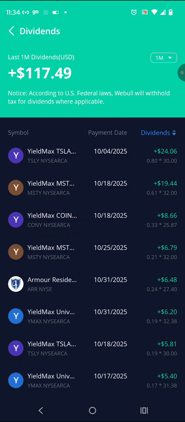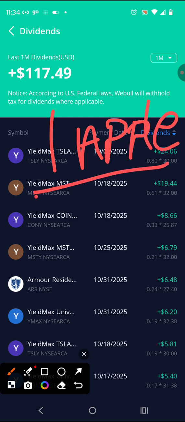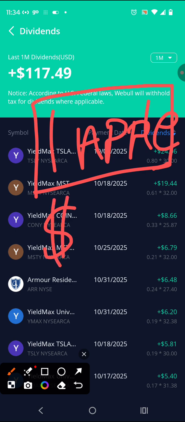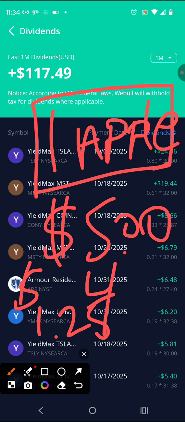So, for example, for every 1 share you own of Apple, Apple's going to pay you, this is not accurate, just saying, $5. And that $5 is going to get divided up into 4. So you'd probably get $1.25 every quarter. Just every 3 months.